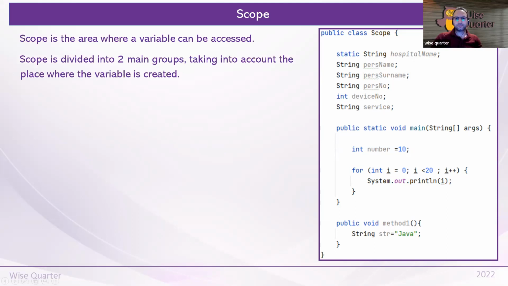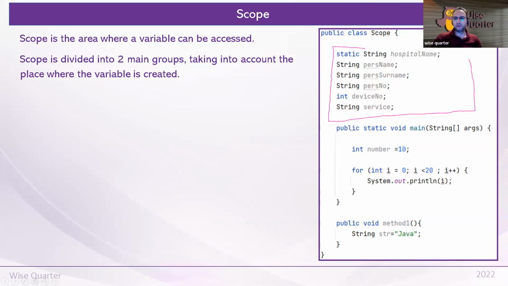For example, we have 3 scopes here. Let's check this code. There are a lot of variables created here. They do not have any values, but that's not important right now. Let me show you by drawing.